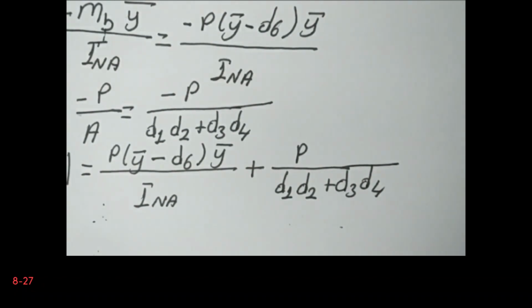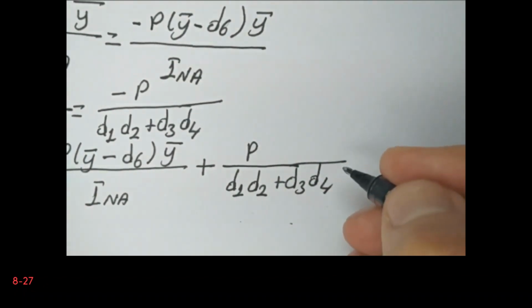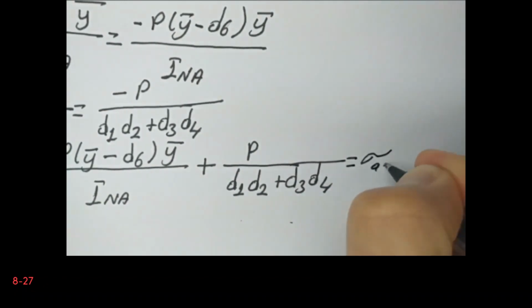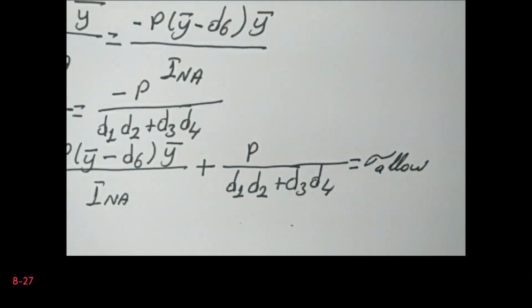And in fact, in the limiting case, this has to be equal to the allowable shear stress, allowable normal stress, sorry, because these are normal stresses. So in any case, in the extreme case, this is what we have, and from here we can calculate the P.